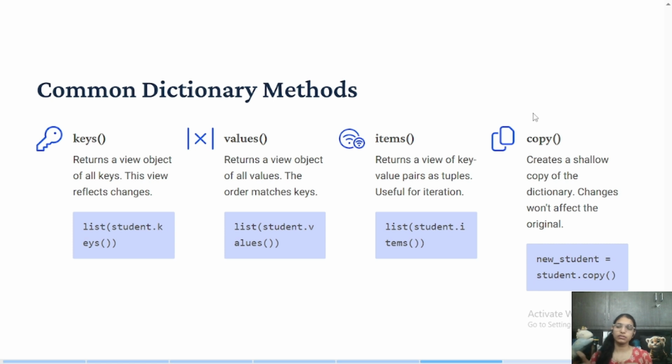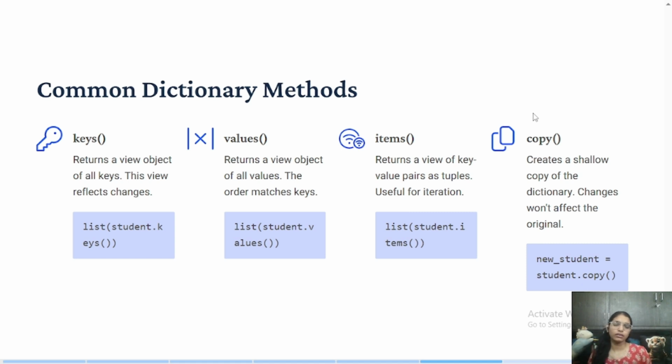It means we can list out all the keys that are present in a dictionary using this method. And it goes the same for values and items. It shows you the view object of all values, or all key value pairs if you use items.